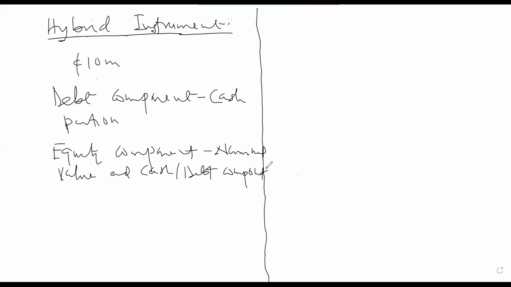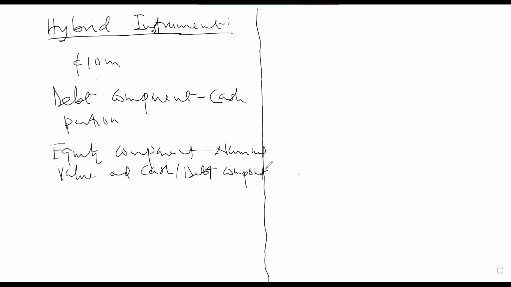That particular interest is paid to the debt holders because interest is paid to debt holders, not equity holders. Equity holders receive what? Dividends. So you will be paying interest at the end of every year, and that particular interest is for the debt holders.